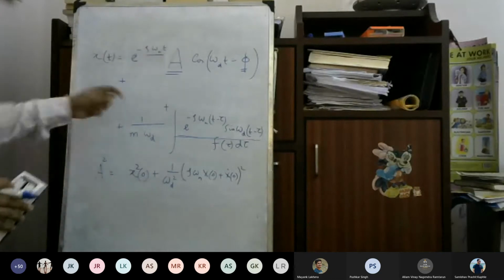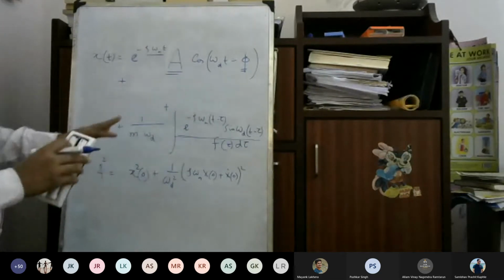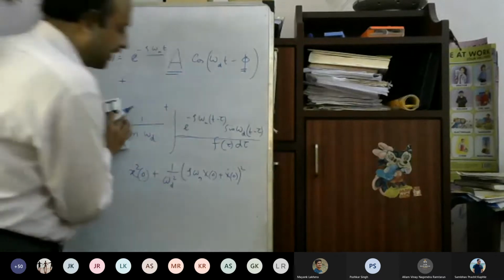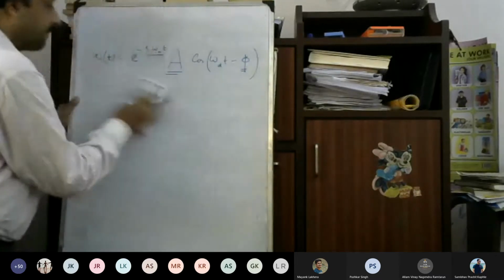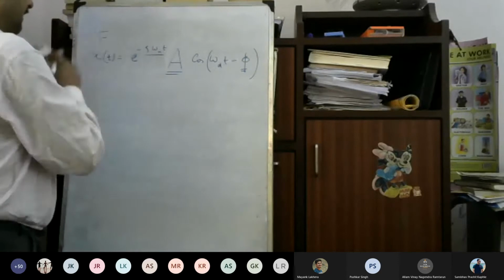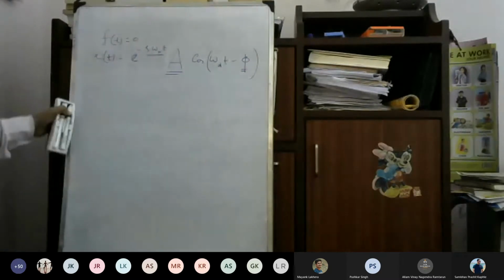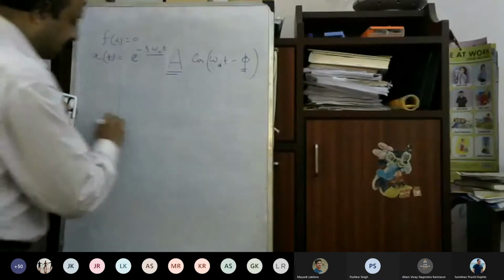So let me consider now the response without forcing and with forcing. Now what will happen to the response without forcing? If f(t) equal to 0, then the response will be like this.